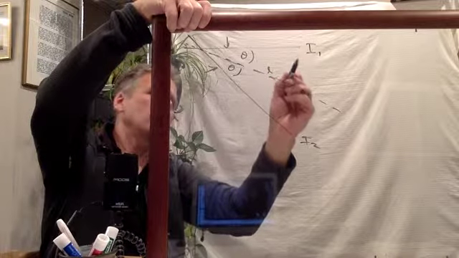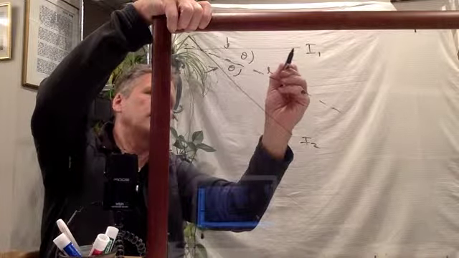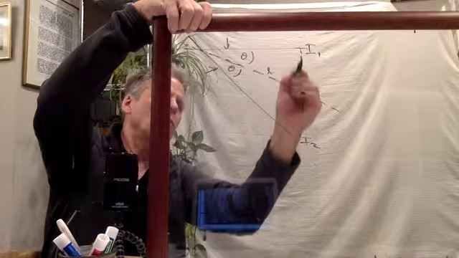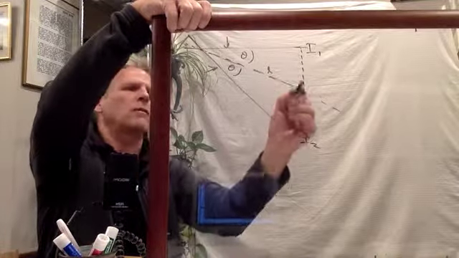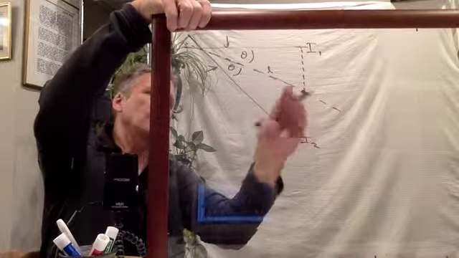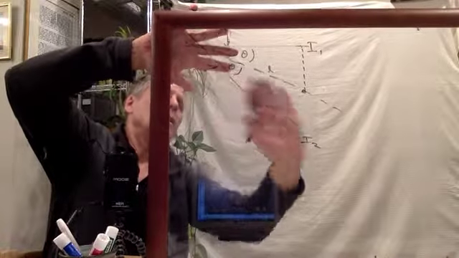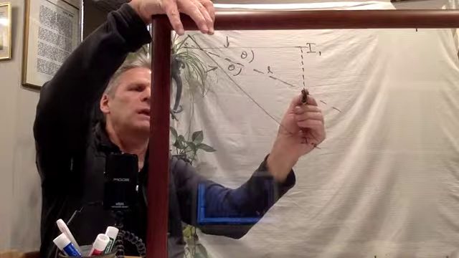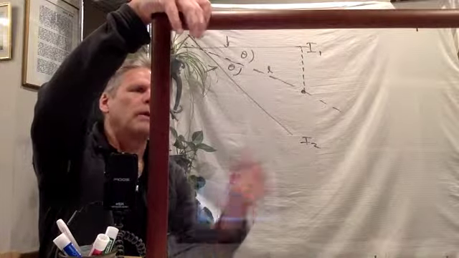So what we're looking for is this distance right here. If we took this away and we just looked at point P, this would be how far away point P is from wire 1. Well, what is that?